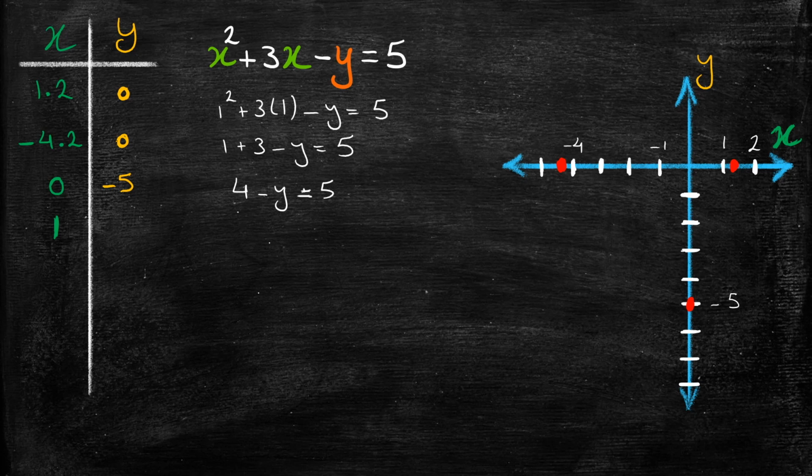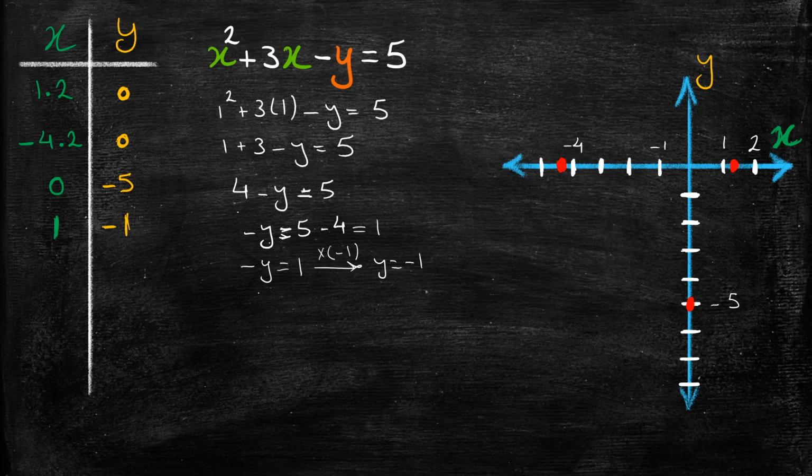Subtracting 4 from both sides, so you get negative y equals 5 minus 4. 5 minus 4 equals 1, so negative y equals 1. Now multiplying both sides by negative 1 to make y positive. So y equals negative 1. So when x is 1, y is negative 1.